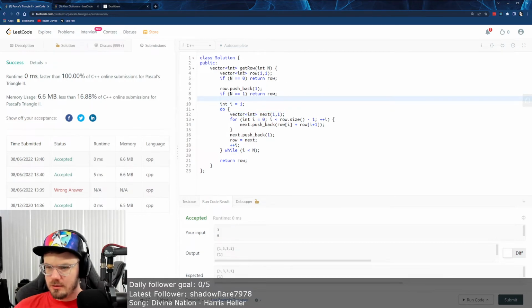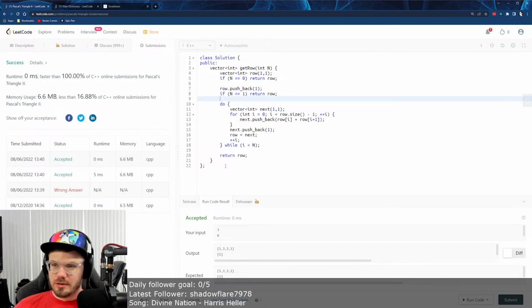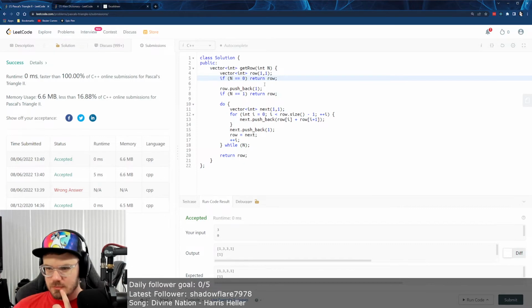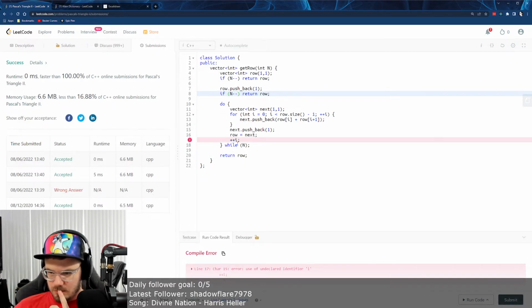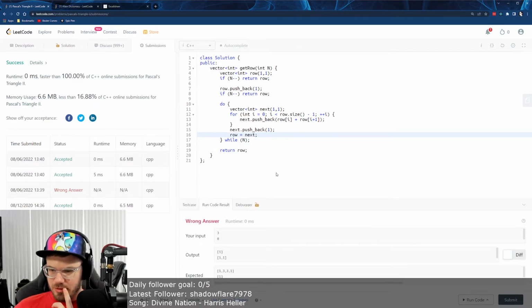But yeah. So then the other thing that you could do here that I'm just going to do for fun is you don't have to create a new counter variable i. You can just do while n here. So if n minus minus return row, then this would be if n minus minus return row. Get rid of this. So now what we're going to do is we're just counting down n.